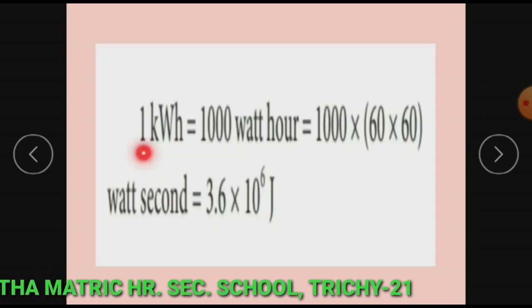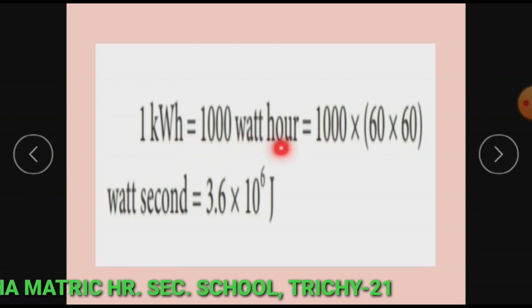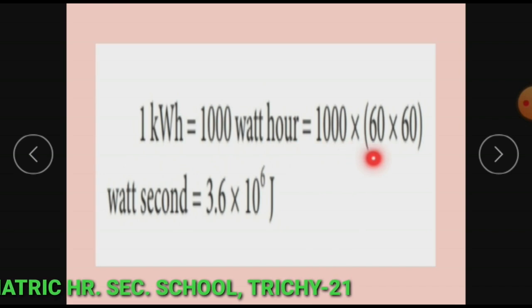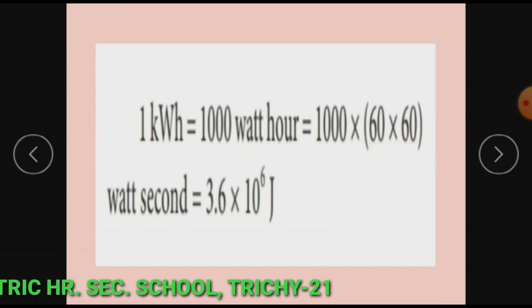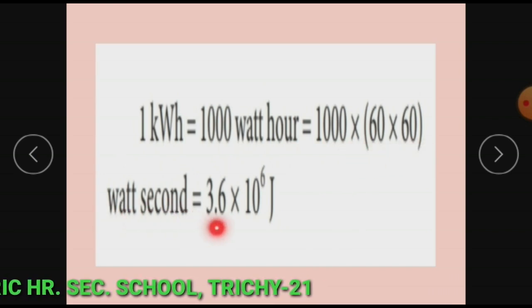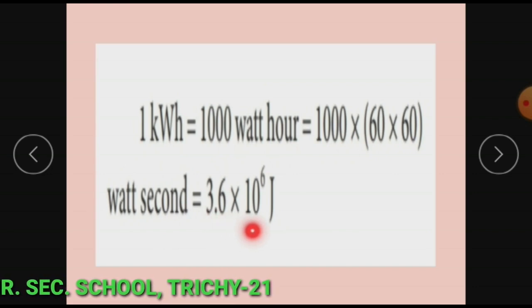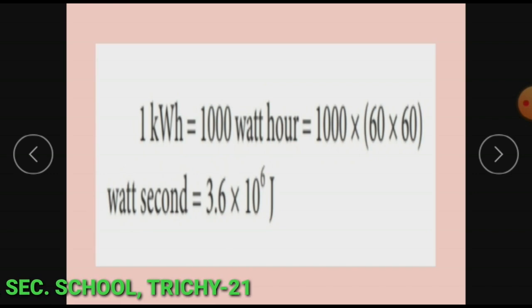So 1 kilowatt hour equal to 1000 watt hour equal to 1000 into 60 into 60 watt second equal to 3.6 into 10 to the power 6 watt second.